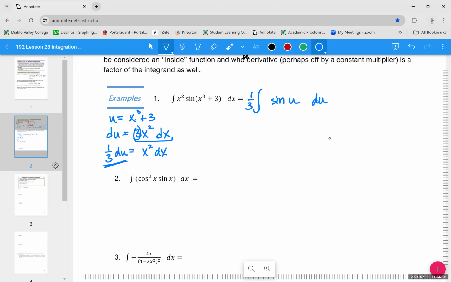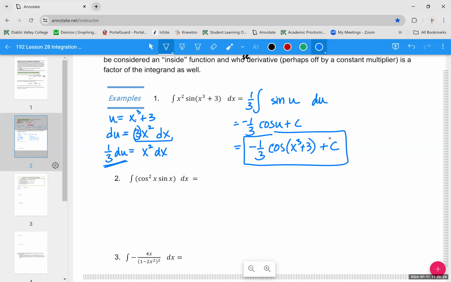So then I'm going to integrate. Integral of sine is negative cosine. And then I'm going to substitute back in what the u is equal to. And of course, you can check these by just taking the derivative of your final answer, and it should give you your integrand.